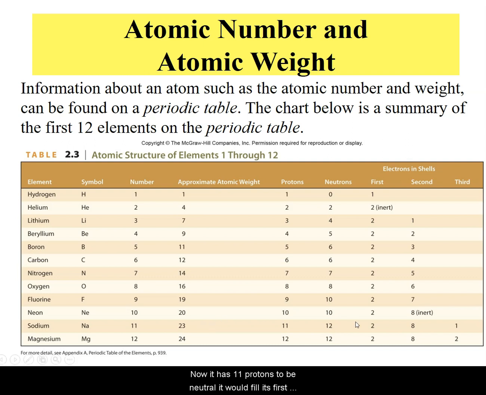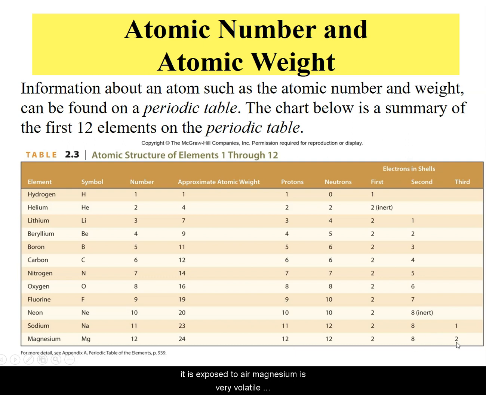Now it has 11 protons to be neutral. It would fill its first shell with 2 electrons, the second shell with 8 electrons, and then 1 in its outermost or valence shell. And this makes it extremely volatile. Yes, it explodes when it is exposed to air.